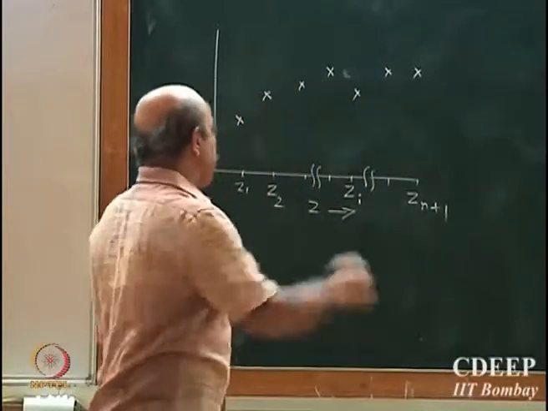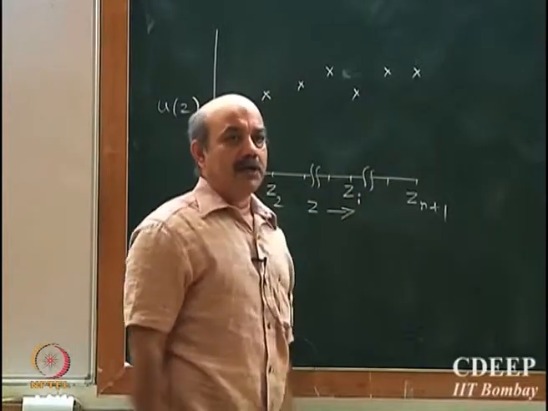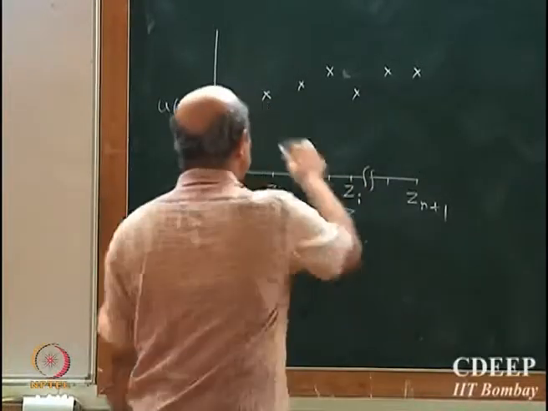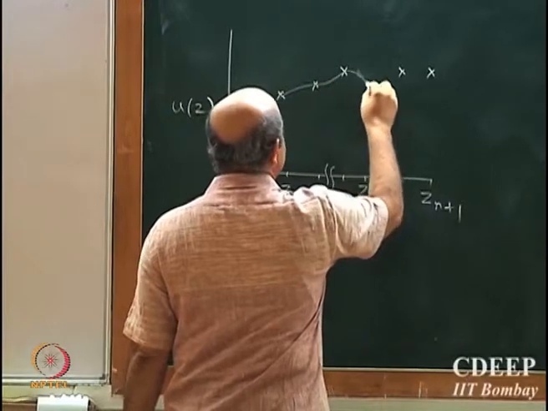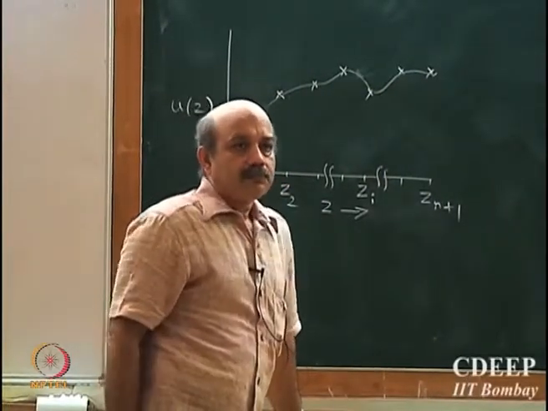Okay, so one possibility was to develop a very high order polynomial which passes through each of these points. So that would be a continuous function passing through each of these points.